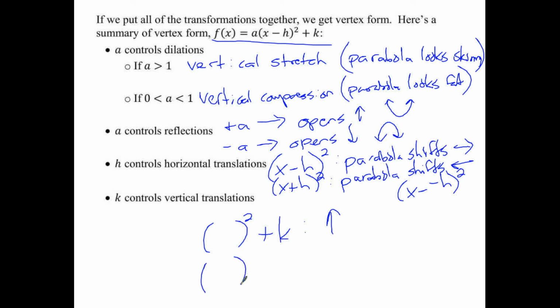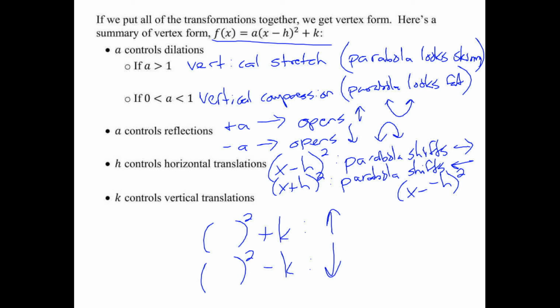And then if I see some stuff squared and then minus some number, which way did I go? Yep, down. So that's a summary of the transformations that we actually learned back in chapter 2, and now we're using officially here in chapter 4. And now we're going to put them all together.